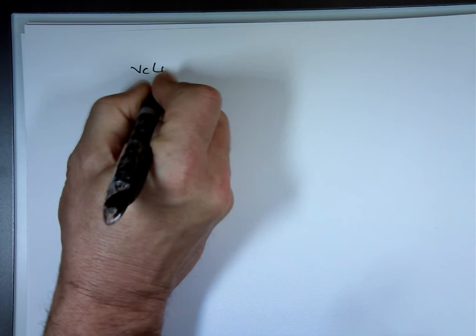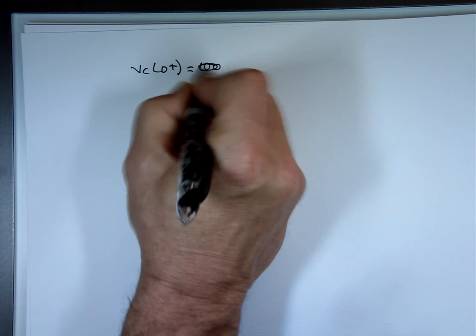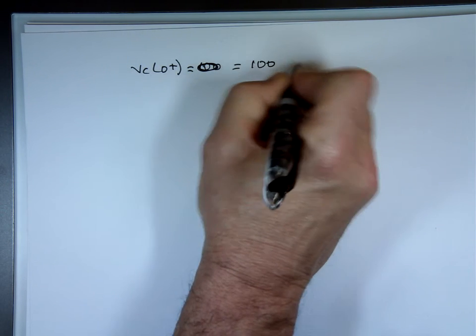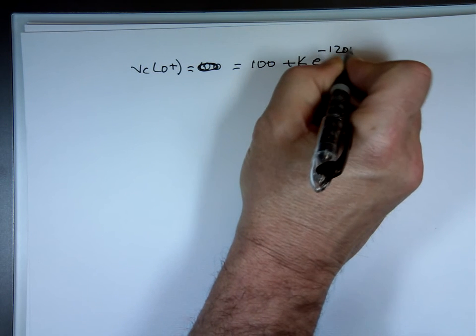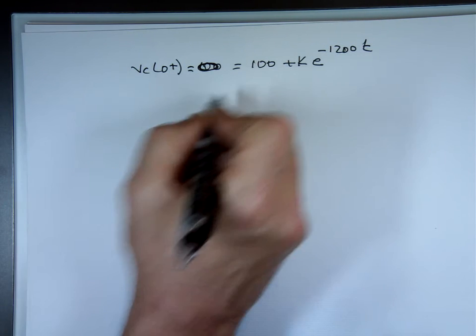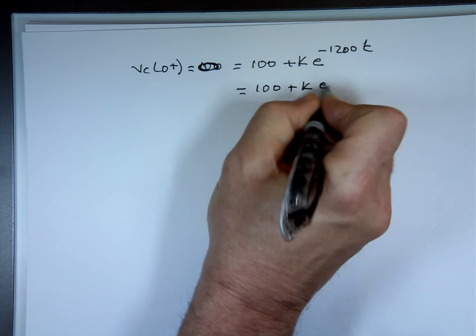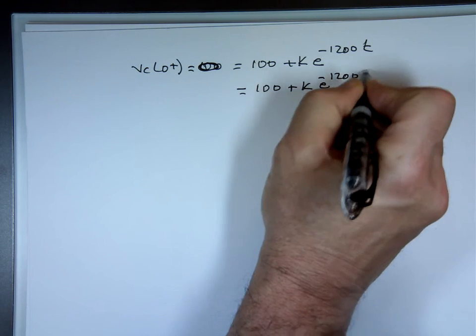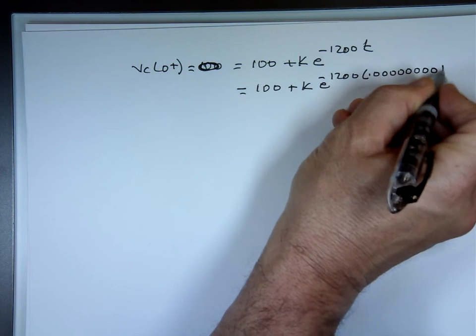Use that number. You have VC(0+) equals 100 plus K e to the power of negative 1200 times t. If you let t be 0, well, it's not 0, it's 0 plus. It's more than 0, so let me put this number in, as long as it's relatively near 0.